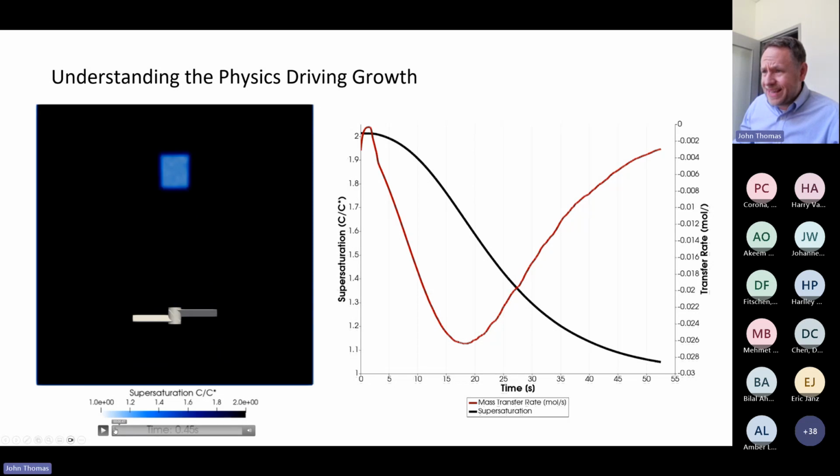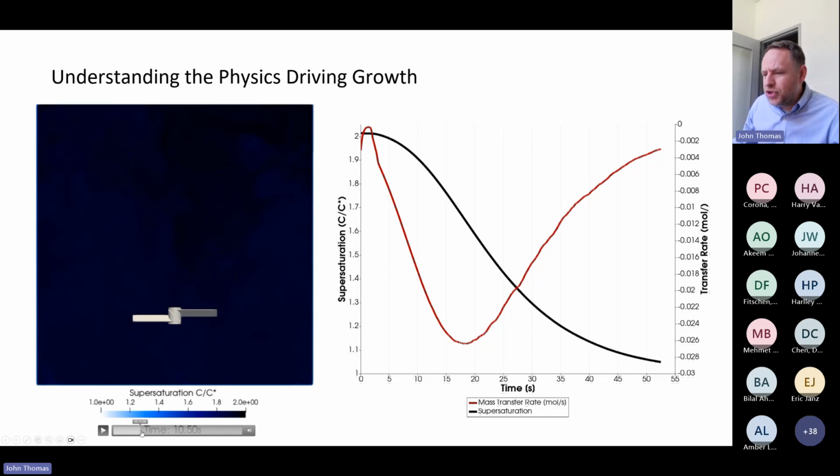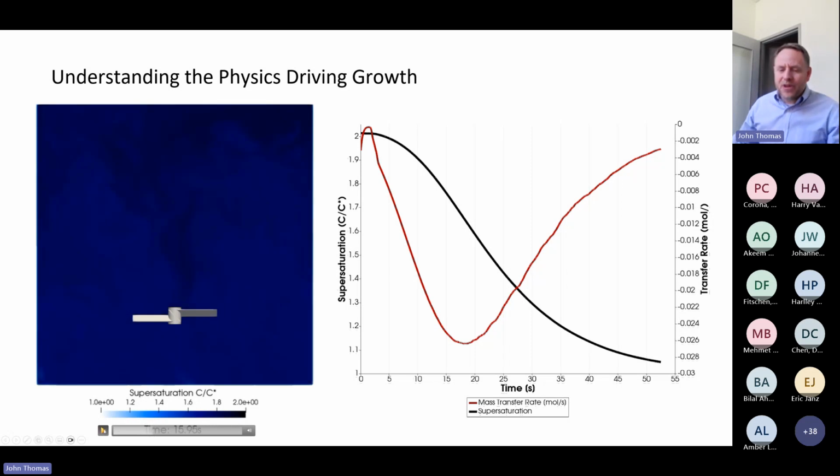Well, they gobbled everything up. They hadn't been able to move through the vessel. As a consequence, they couldn't grow. As they disperse, this mass transfer rate increases in magnitude, eventually maximized around 15 seconds. Why about 15 seconds? Well, at that point, they're well dispersed.